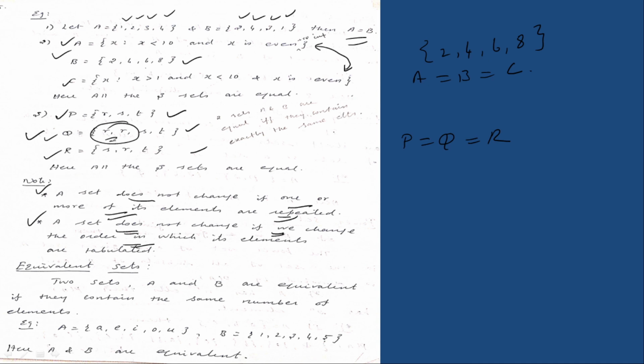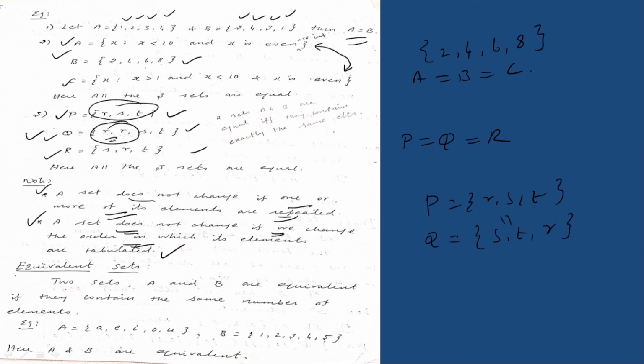This is for R, S, T. You can write the set P as R, S, T, and you can write Q as S, T, R. Both are the same. The order is not important here, so long as its elements are tabulated.